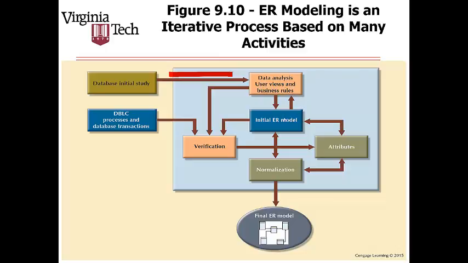And of course, we made our initial ER model. There's an iteration here too, where you go back and forth with that model. Once you have this model, what we want to do is verify that the model we have is suitable for meeting all the processes and transactions that we have.